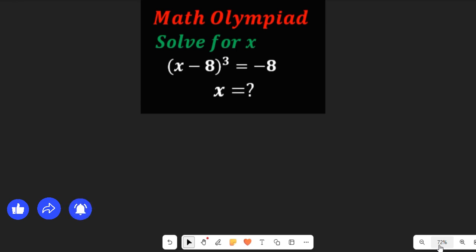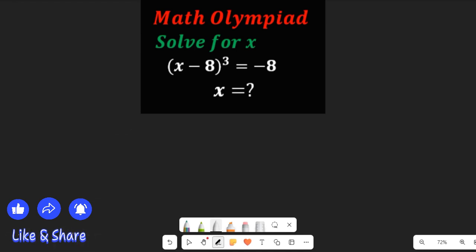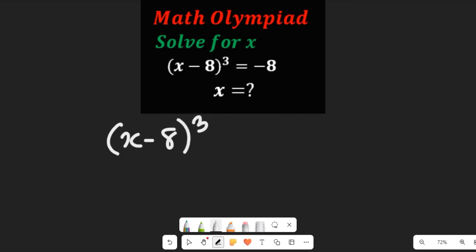Now, for easy solution of this, I'm going to bring the value of -8 to the left hand side, and that will make the expression become (x - 8) all to the power of 3 plus 8 equal to 0. Now recall that 2 to the power of 3 is equal to 8, right?